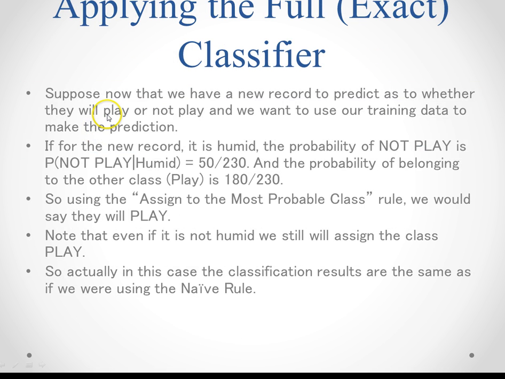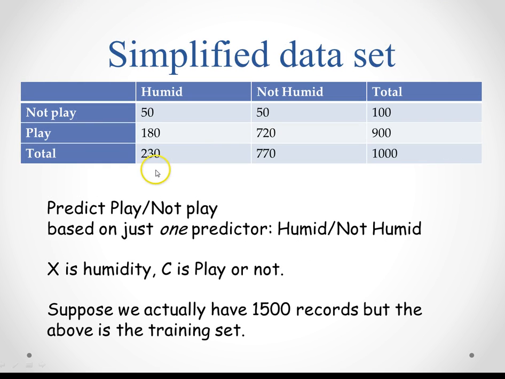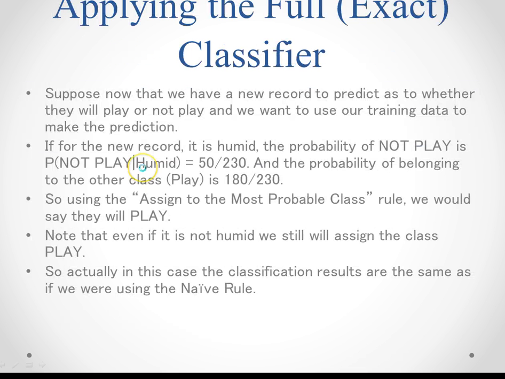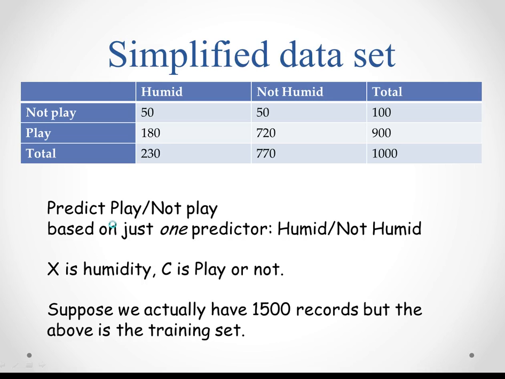So the probability of not play is 50 out of 230, out of the total number of humid records. And the probability of belonging to the other class, the play class, is 180 out of 230, right? Does everyone agree? That clear? So using the assign-to-the-most-probable-class rule, we would say that they're going to play, because 180 out of 230 is more than 50 out of 230.